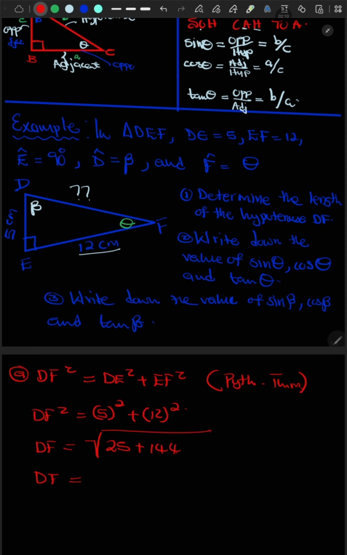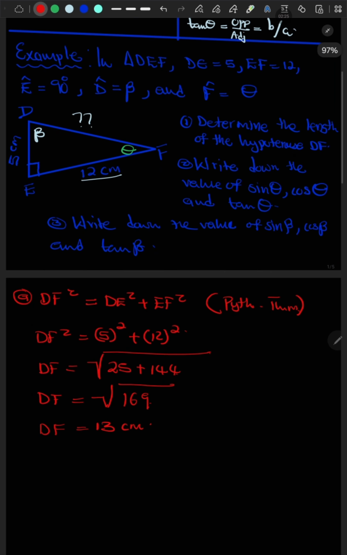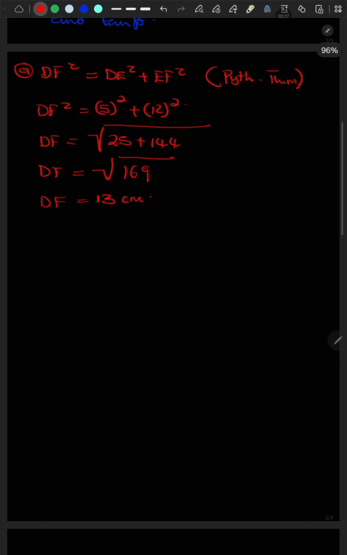This gives us the square root of 169. Thus, DF is 13 centimeters. Okay, someone might ask, why can't we write it as plus or minus? Of course, that is the case, but since we're dealing with length, it can only be positive.